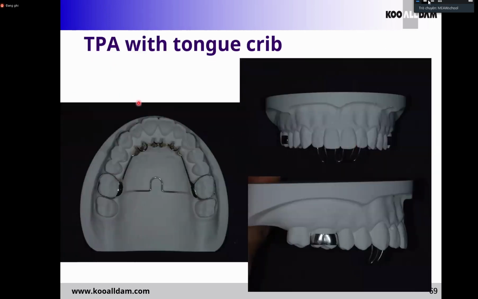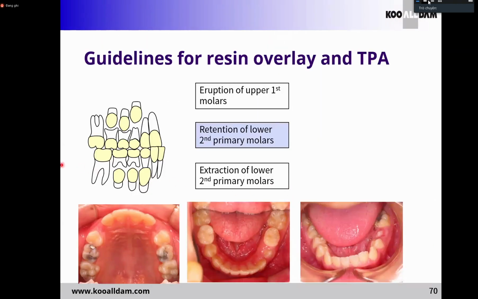So this is the TPA with the tongue clip. With the TPA, the loop is directed forward, and we insert the tongue clip in the upper arch. After eruption of the upper first molar, if the patient has grade 3, you may think of TPA on the upper first molar area.